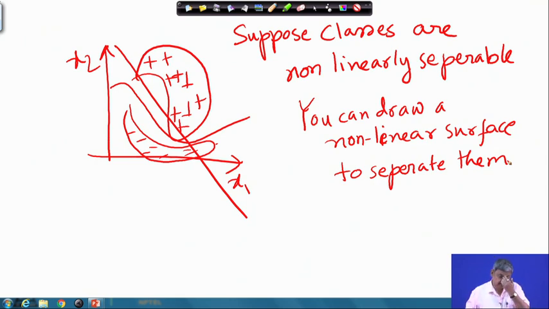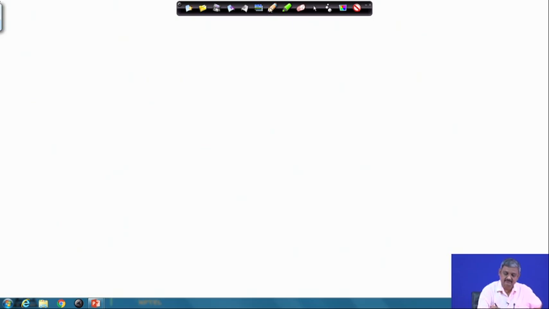So, how to solve this problem? The problem is solved by something known as the kernel trick. So, what is the trick?